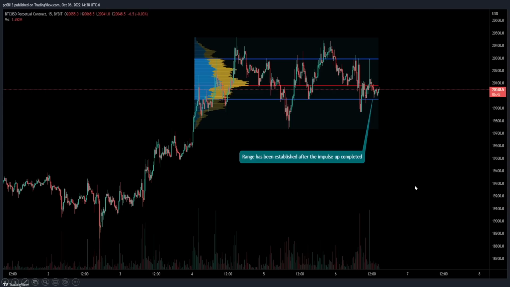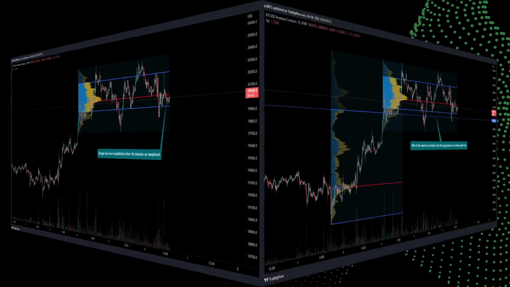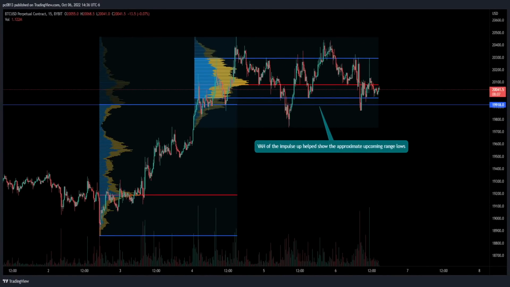One little tidbit, like we had mentioned earlier, you can use the volume from the impulse to help determine the upcoming range. This is a little sneak peek into a pro trader technique that we're going to be going over in later tutorials. It's the same data that we looked at before, but you notice that the value area high of the impulse up helped us show the approximate range lows. Like I mentioned earlier, predicting ranges can be extremely useful.